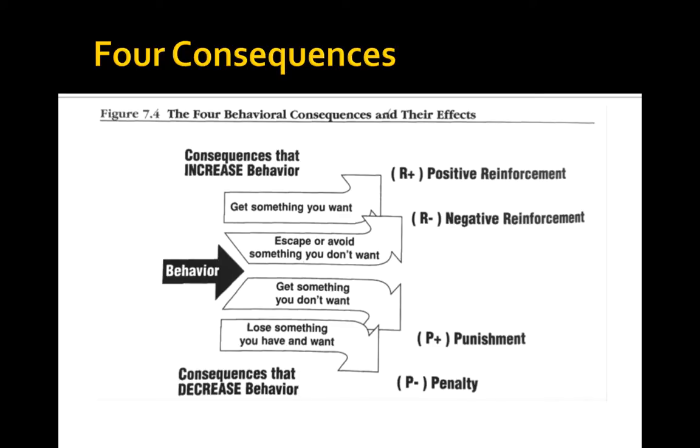Now, let's talk about negative reinforcement. So, negative reinforcement is basically the removal of a negative stimulus following a response. So, here's an example from the summer. Let's say we went camping and we forgot to bring bug spray. So, we got a slew of mosquito bites on our arms and legs.